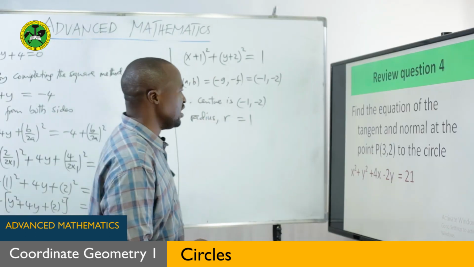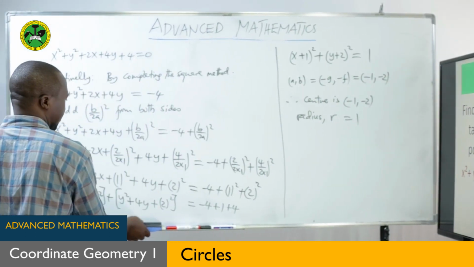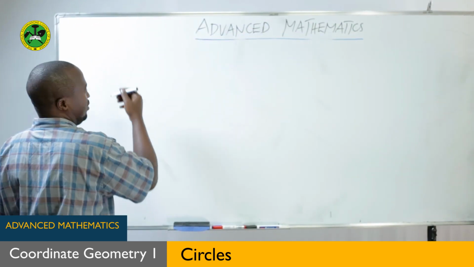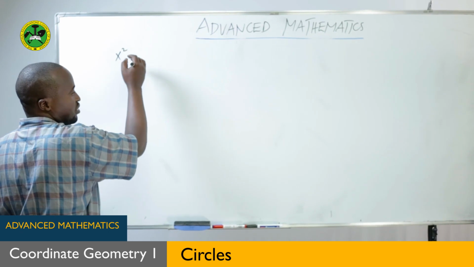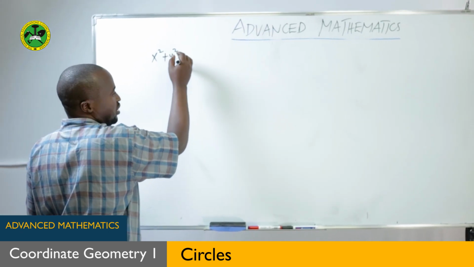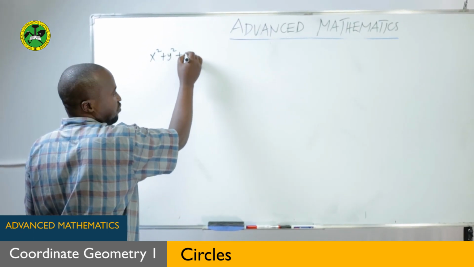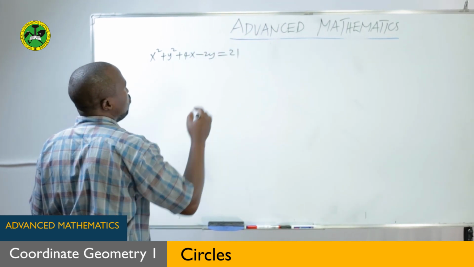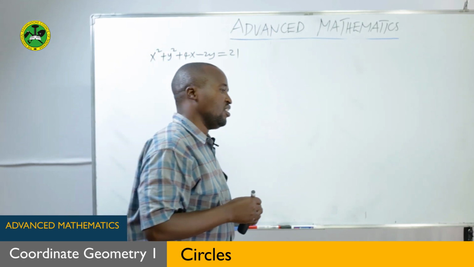Let us see how we can get such kind of equation. So here we have the equation again, that is x squared plus y squared plus 4x minus 2y is equal to 21.